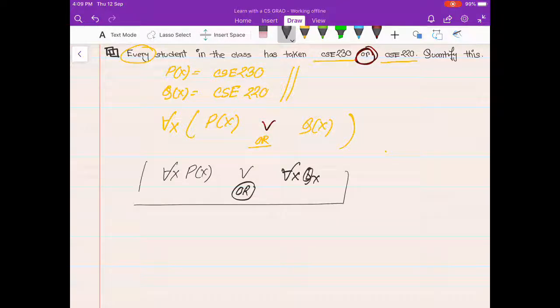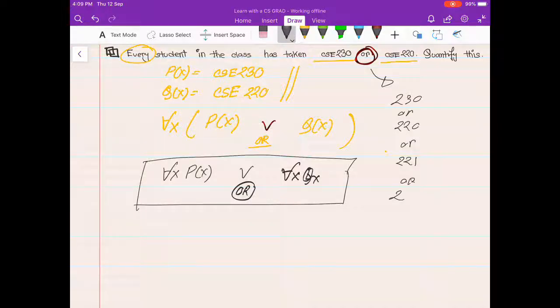So this is also correct. However, in situations where there are hundreds of ors, like 230 or 220 or 221 or 212, then you have to write a lot of stuff, and it would be really repetitive. So this is the best way you can do it, and this is the convention that everyone follows.